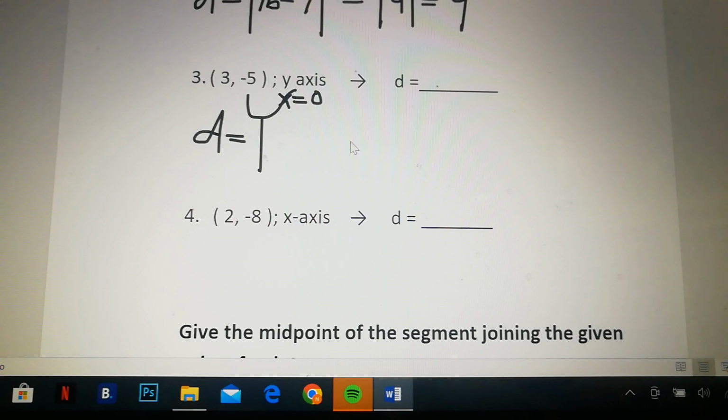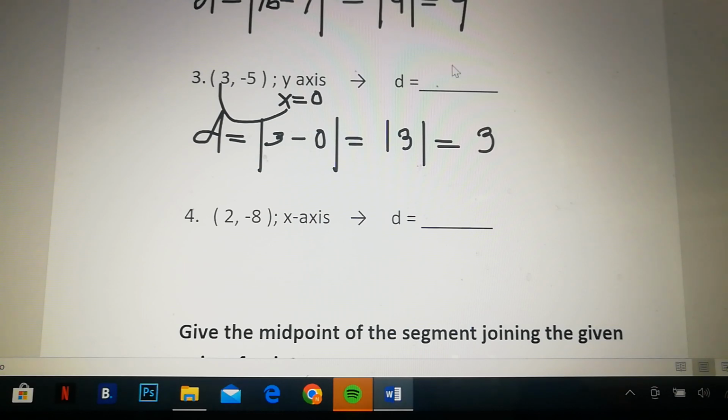The distance is the absolute value of the difference between x equal to 0 and 3, so absolute value of 3 minus 0, equal to absolute value of 3, equal to 3.